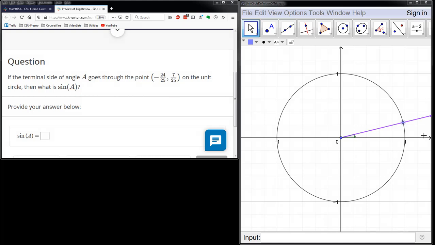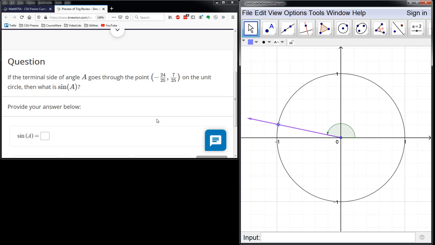Alright, so let's try to draw a picture of what this looks like, because I like pictures. It says that the x-coordinate is almost negative 1. 24/25 is almost negative 1, so it's going to look maybe something like that. Maybe it's an approximation.